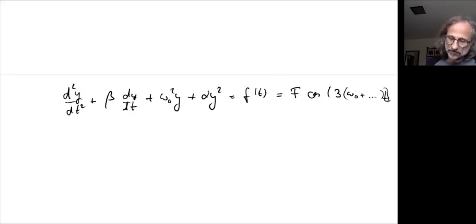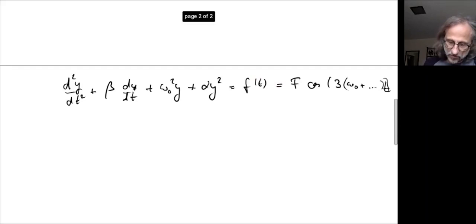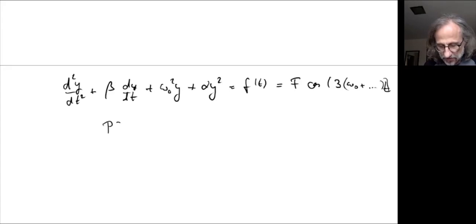I never defined that. So when forcing, one distinguishes between two types. One talks about a parametric forcing. That's when a coefficient is time dependent.